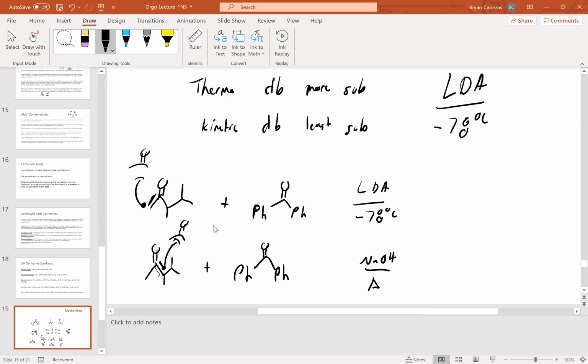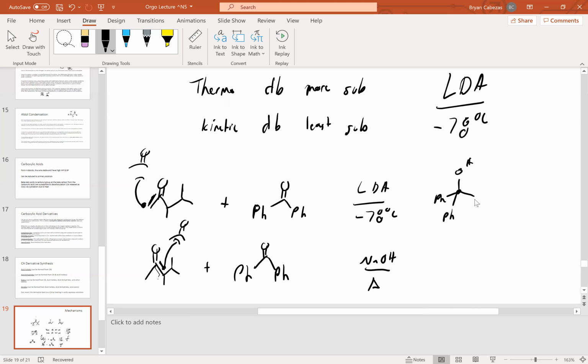And so the products for these reactions are going to be as follows. For the LDA, we're going to have the carbon from the Ph group, from the nucleophilic group. Let's just draw the oxygen here. This oxygen corresponds to this oxygen. This Ph and this Ph correspond to these two Phs. So this carbon was the one that was attacked. Let's draw it from this direction.